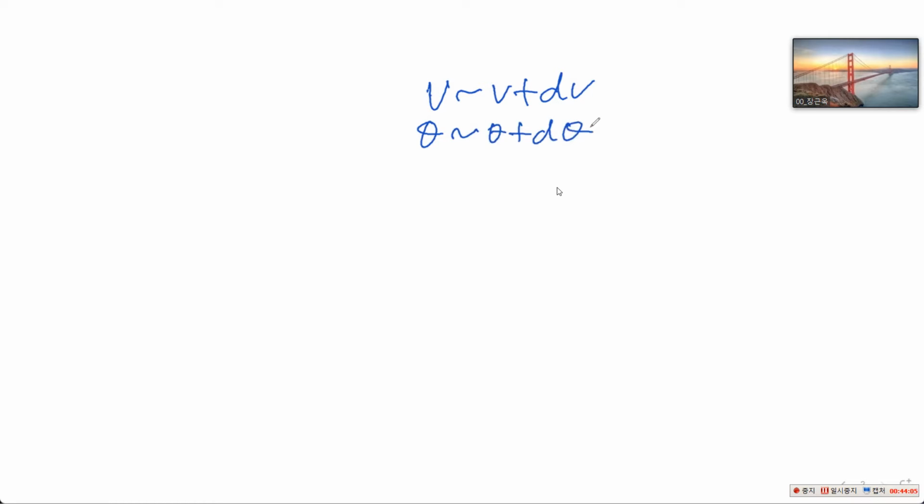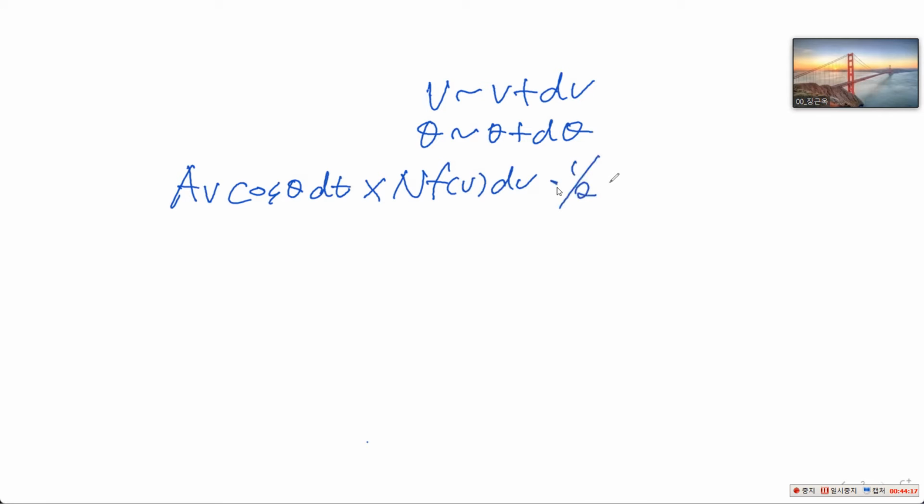The total number of molecules is given by A v cosine theta dt multiplied by n f(v) dv over 2 sine theta d theta. Okay, we can do this.